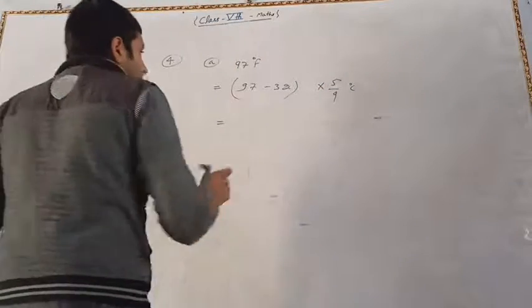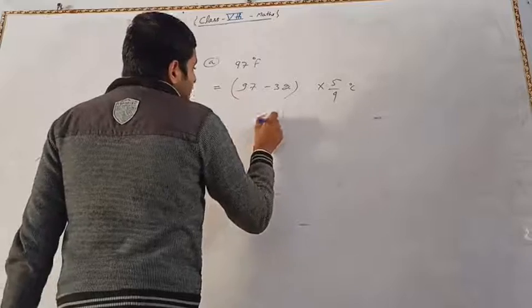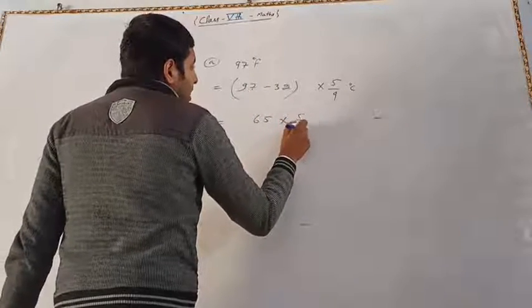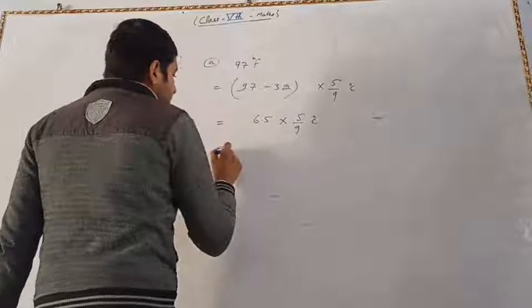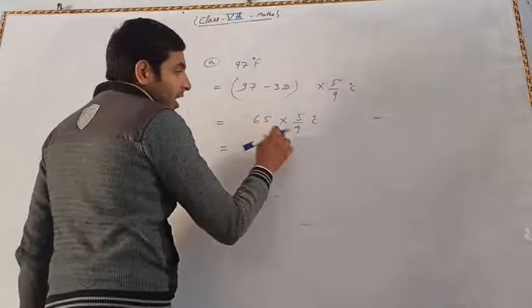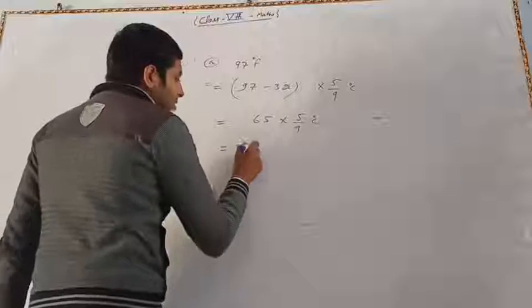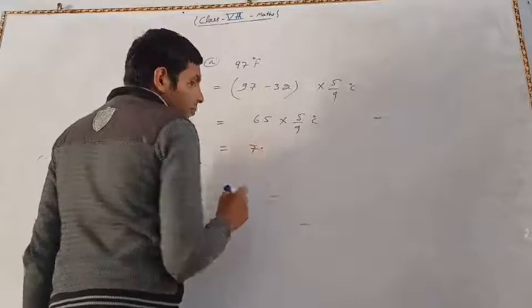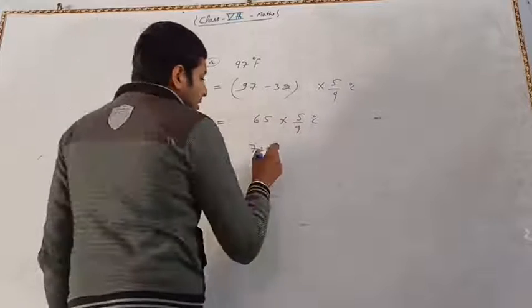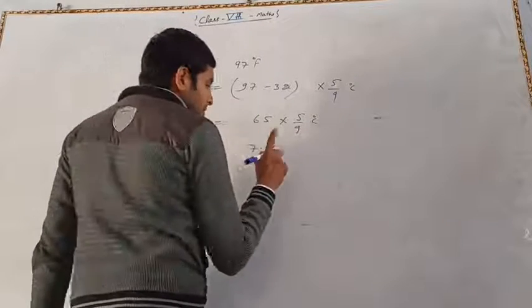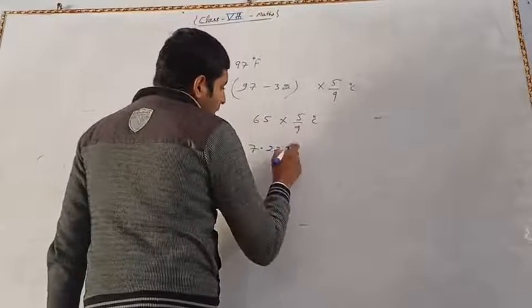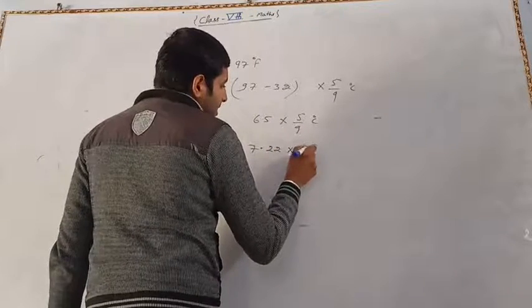Then we get 97 minus 32 is equal to 65, into 5 by 9 degree centigrade. Okay. So from here we divide 65 by 9. We get 9 7s are 63, here remains 2, and we also take a decimal point. Then 2 becomes 20, 9 2s are 18, remain 2, then again 9 2s are 18, and so on, giving 7.22 into 5 degree centigrade.